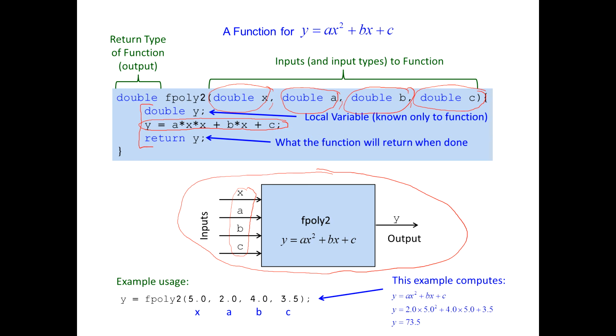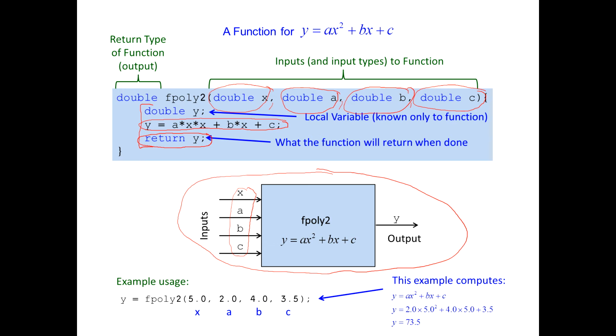So here we have a times x for x squared plus b times x plus c. We are going to store that into y, and then we have to tell the function what we want returned. In this case, we want the variable y returned. This is the only variable that we created. We could have functions that have many variables, and we have to tell it which one to return.